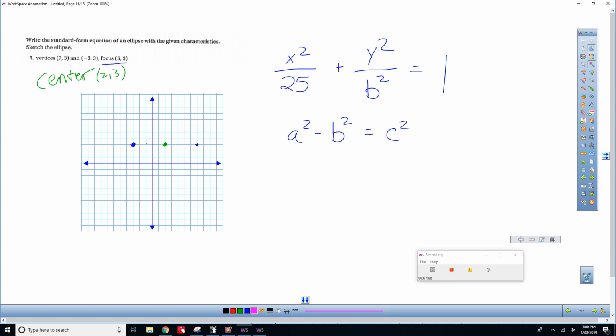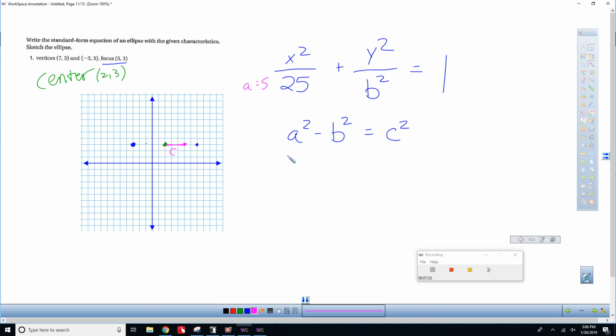God bless them. So, the focus is at 5, 3. Deja vu. So what does that mean? This is the c value. The c value is the distance from the center to one of the foci. So a is 5, because a squared is 25.